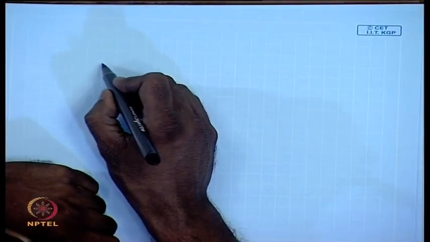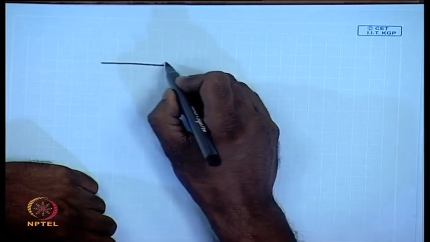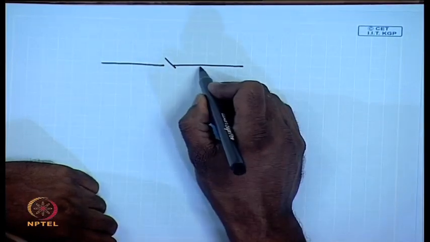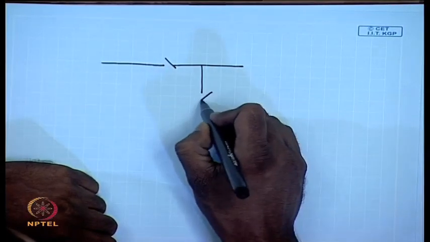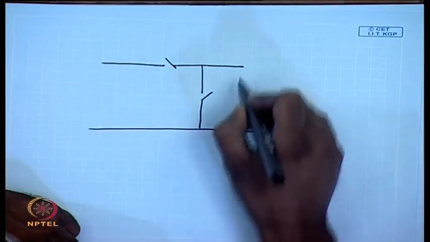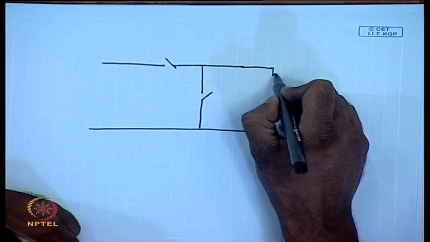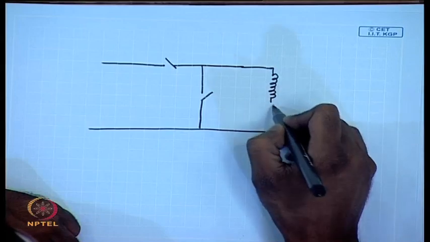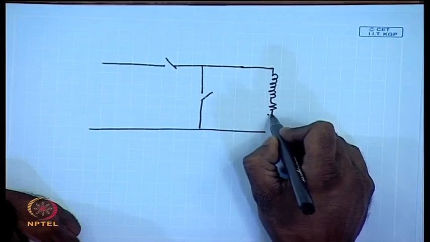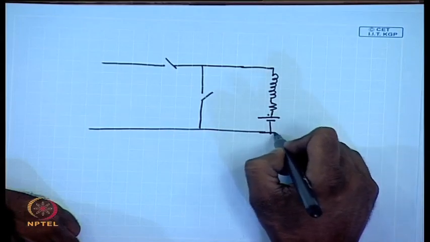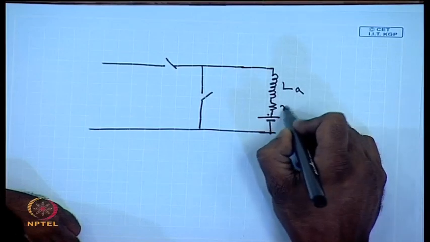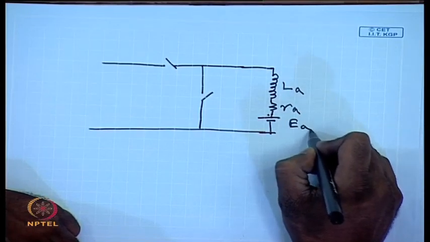If we draw the transient equivalent circuit of the DC machine, we find that in addition to resistance it has an armature inductance. This is the back EMF, this is L A, R A, E A.